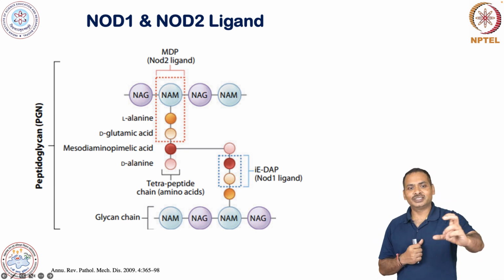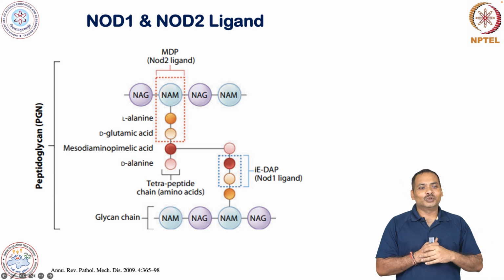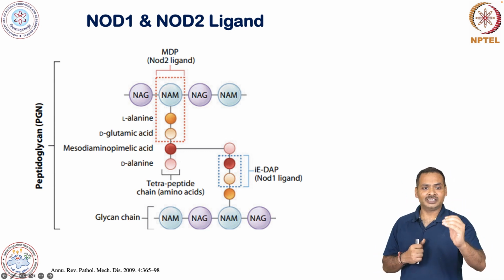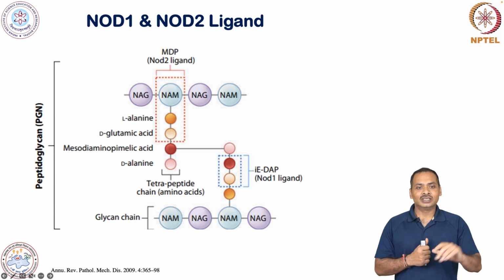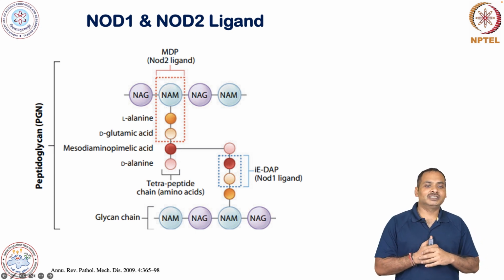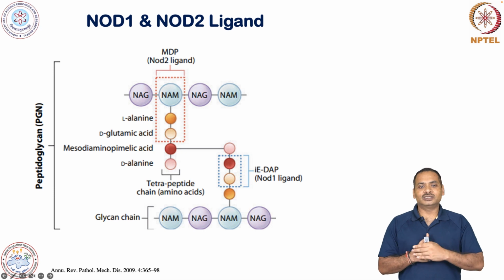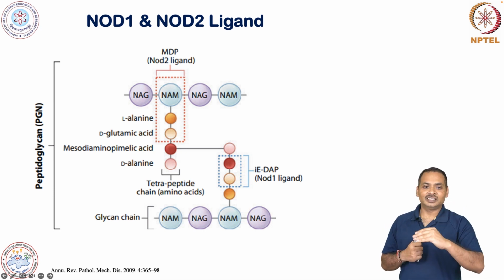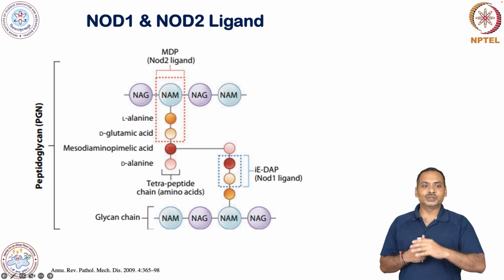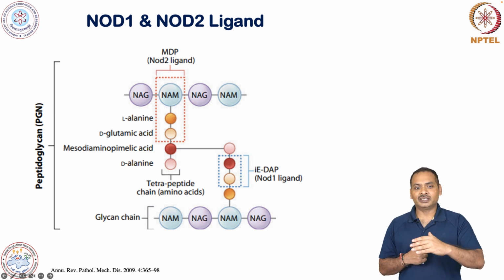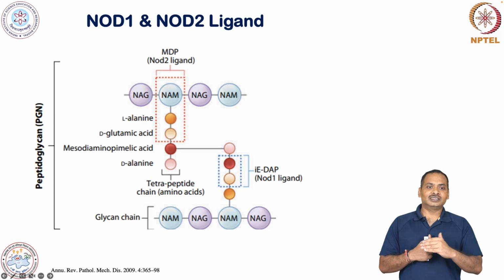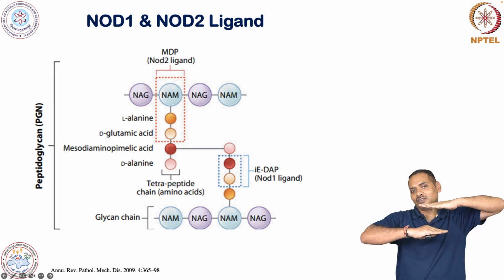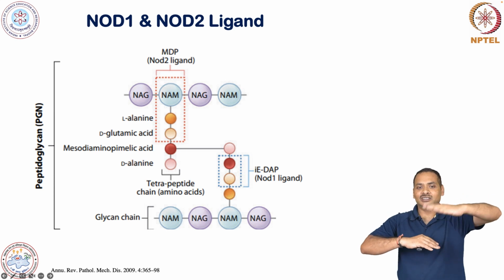So this is a molecule where you can see both D and L amino acids, L-alanine and D-alanine. This tripeptide chain is again linked to D-alanine and meso-diaminopimelic acid, and then there is L-alanine. So these two chains of NAG and NAM are linked like that.